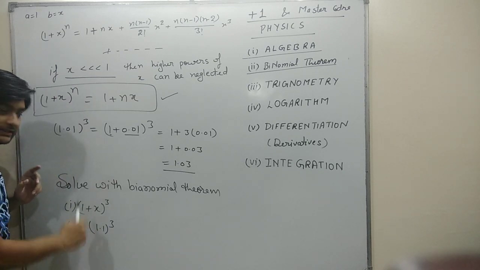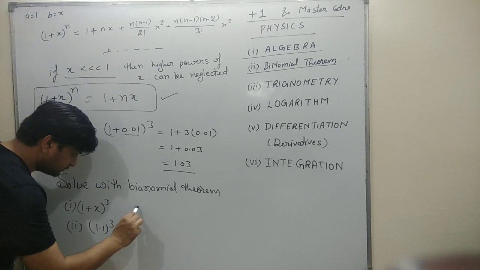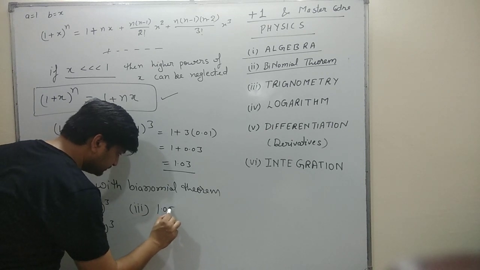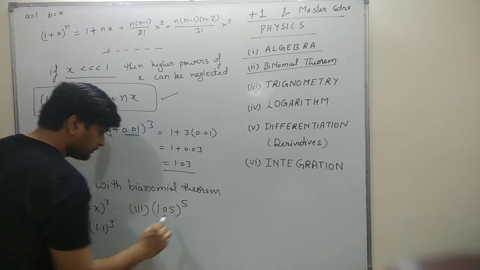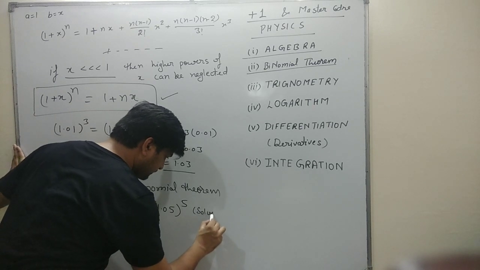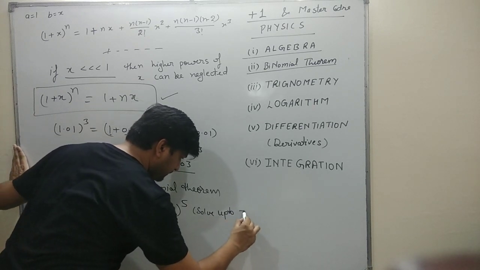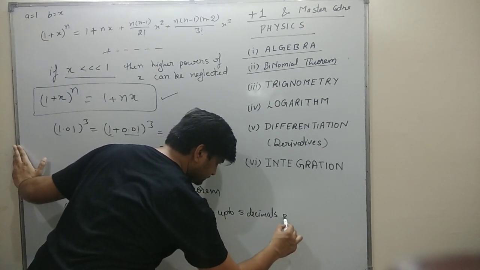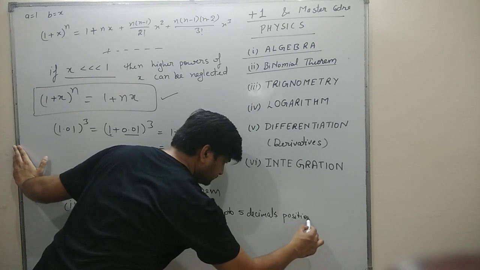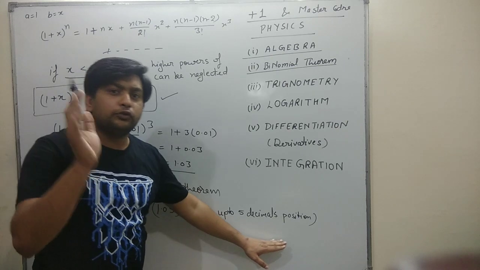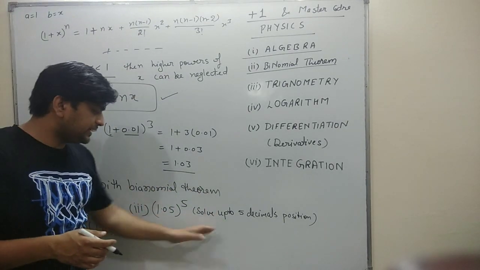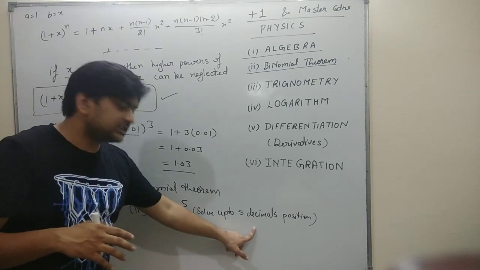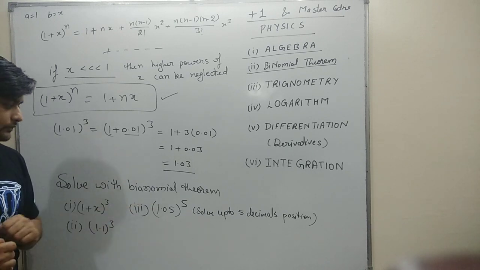You can solve this like this. This means you don't have to solve all the expansion. You can just solve up to that term up to which its decimal number becomes 5.